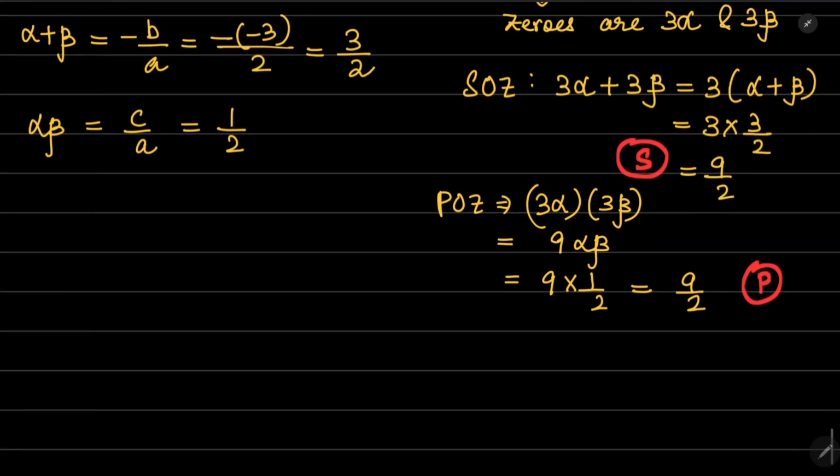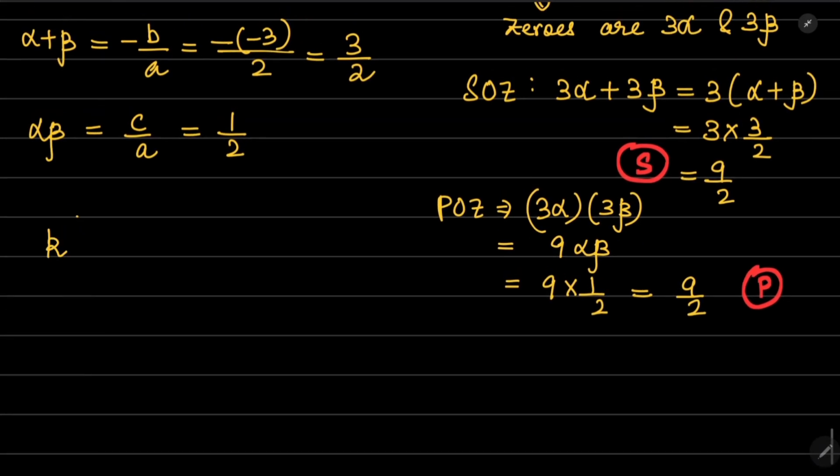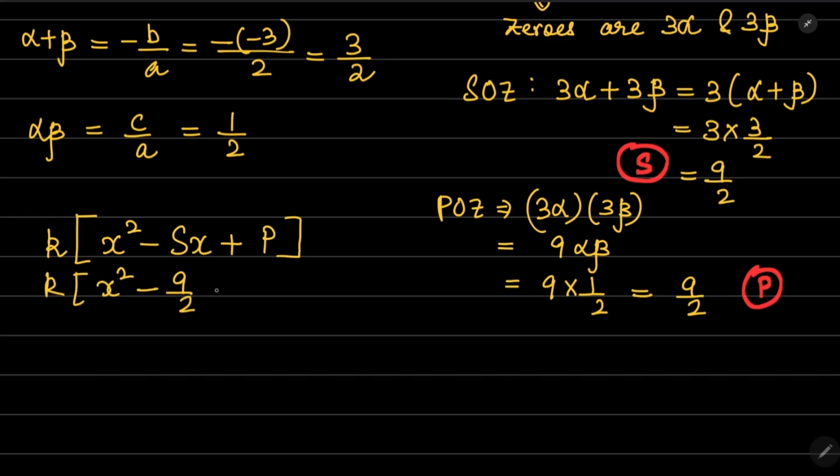So how will you write? Therefore, the quadratic polynomial is k multiplied by x square minus sx plus p. This is the formula. So k multiplied by x square minus 9 by 2 x plus 9 by 2. Take the LCM as 2. So you can take it out, k by 2.